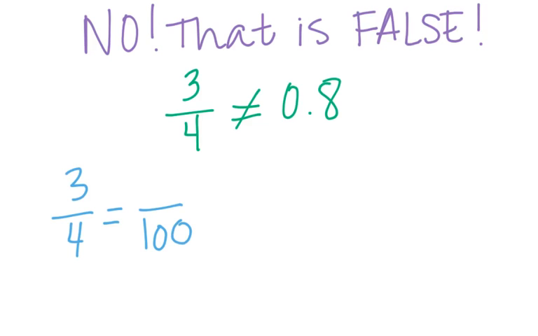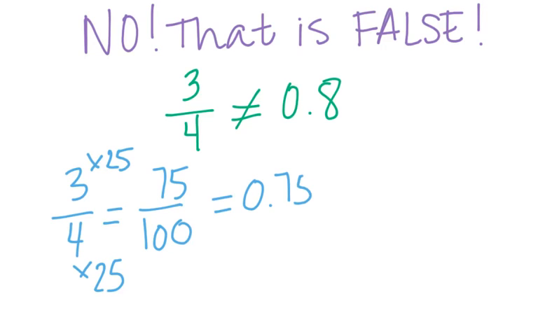But there is this number, 4 times 25, that will get me to 100 because 4 times 25 cents equals 100 cents or $1. That's how I always remember. And 3 times 25 is 75. So now we are at our fraction that's really easy to write as a decimal because that says 75 hundredths and that says 75 hundredths. That did not. So that's why that was false.